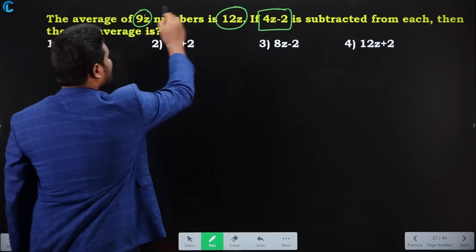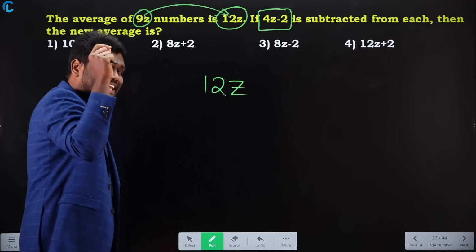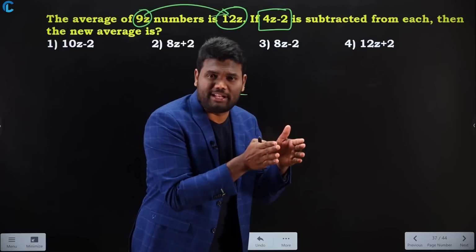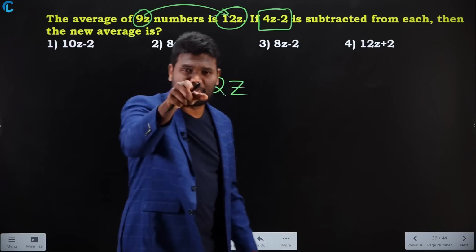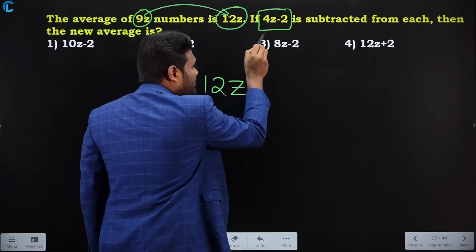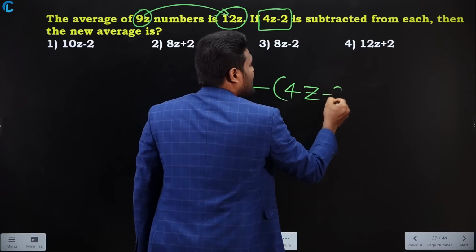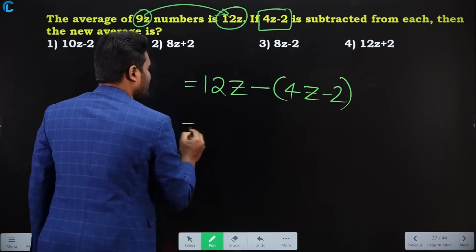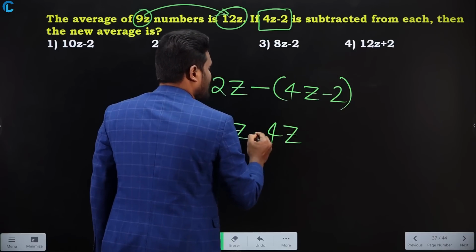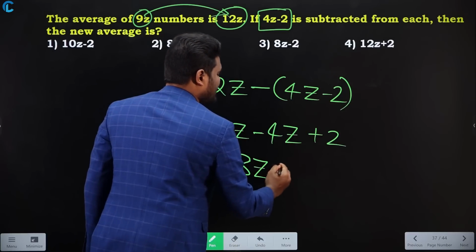So what is it saying? The average of 9z numbers is 12z. Now for each number, I am going to subtract 4z minus 2. If I subtract 4z minus 2 from each number, the average also gets subtracted by 4z minus 2. So the actual average is 12z, and the new average is going to be 12z minus 4z plus 2. 12z minus 4z is 8z, plus 2.